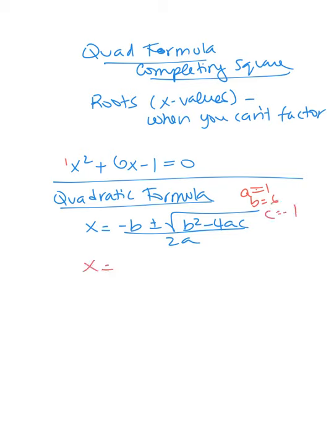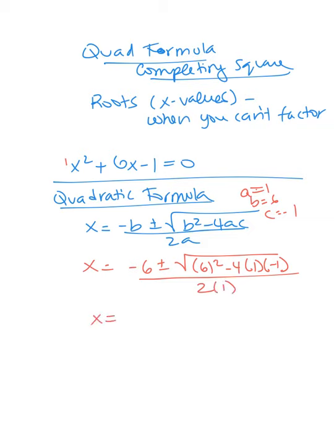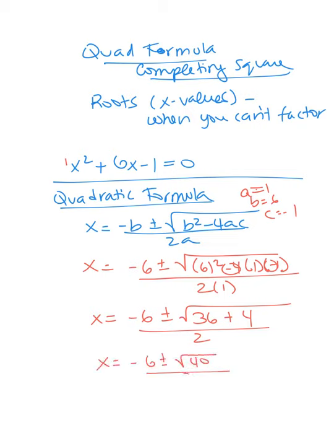So x equals negative b, which is negative 6, plus or minus the square root of b squared, which is 6 squared, minus 4 times a, which is 1, times c, which is negative 1, all over 2a, 2 times 1. X equals negative 6 plus or minus the square root of 36, and then I have two negatives, so it'll be plus 4, all over 2. X equals negative 6 plus or minus the square root of 40, all over 2.